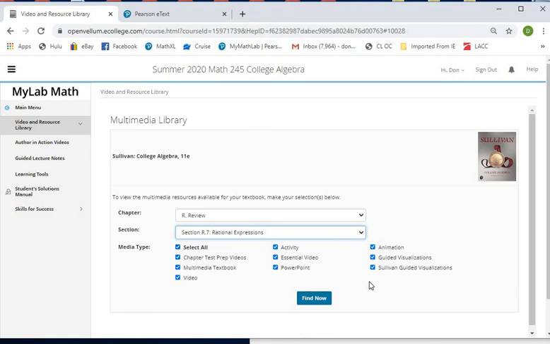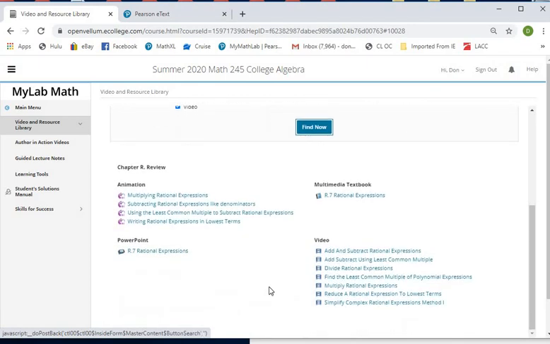You probably don't want PowerPoint. Just leave it all. We'll just click on that, and it's still a lot, but it's certainly not as much as we were looking at before. Remember, if I want to do that one problem or know how to do that type of problem, I could do that.